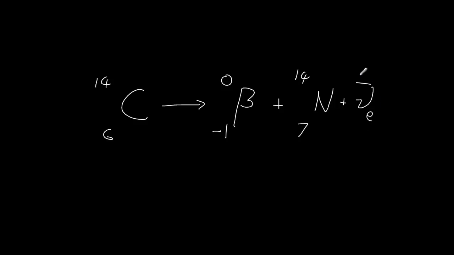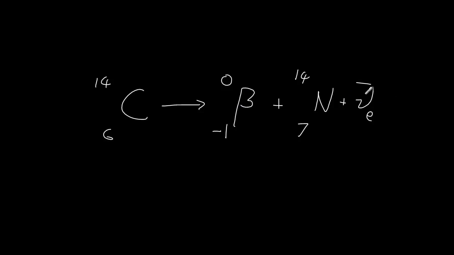Now, the reason we have to have the anti-neutrino coming out is because the beta particle, which is an electron, and the neutrino are both classes of particles called leptons, and lepton number has to be conserved. To begin with, in the beginning of the decay, we haven't got any leptons here, so if we're producing a lepton over on this side, we need to also produce an anti-lepton over on this side.